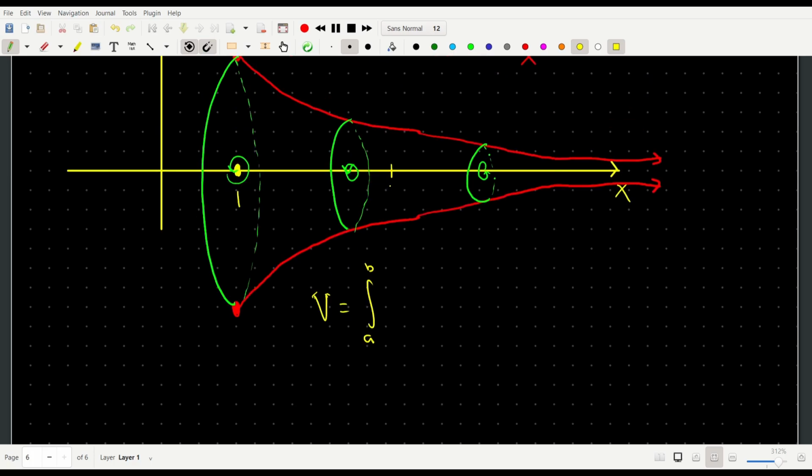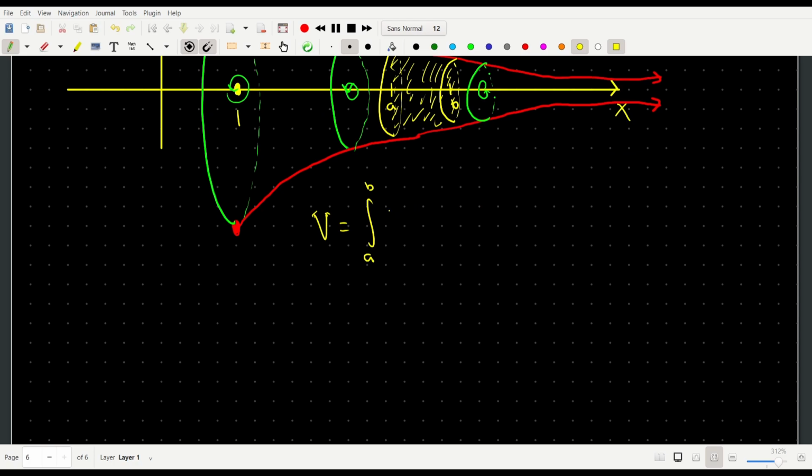The volume of, say, this segment of the surface of revolution is going to be pi times the function squared.